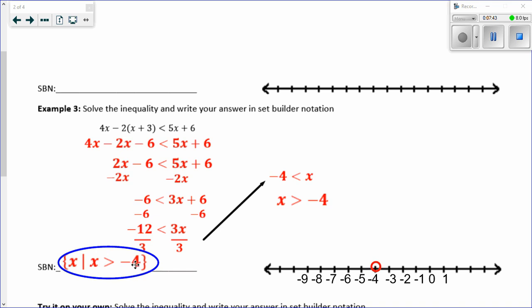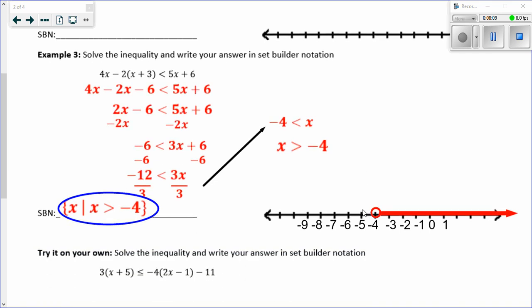It goes up to -4, but it doesn't actually equal -4. So if I tried to plug in -4 in here, it wouldn't work. It would say 6 is less than 6, but that's not true. Okay. So when it's not equal to, I'm going to use an open circle. And I'm going to point to everything that's greater than -4, so on this side. Okay? And that would be my graph.